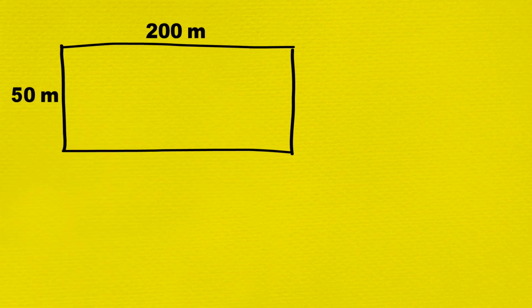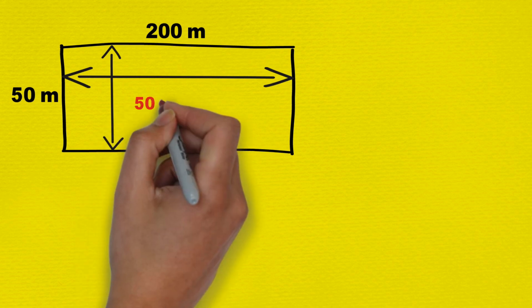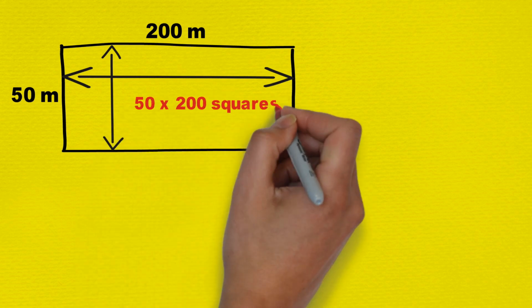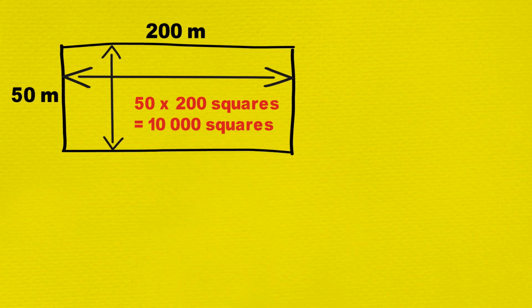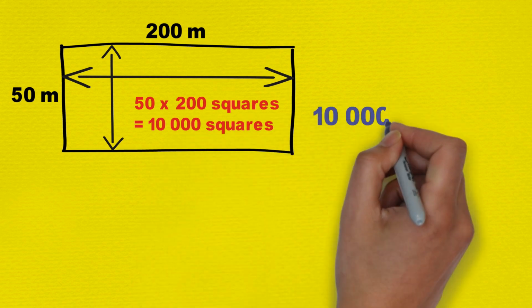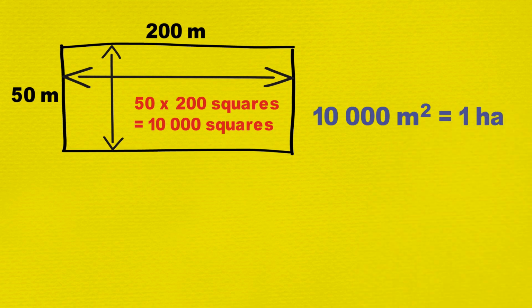That is 200 1-metre squares along its length and 50 1-metre squares along its width, which would work out to be 10,000 1-metre squares. In other words, an area of 10,000 square metres, which is 1 hectare.